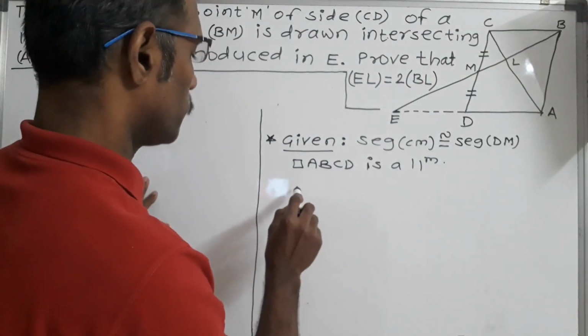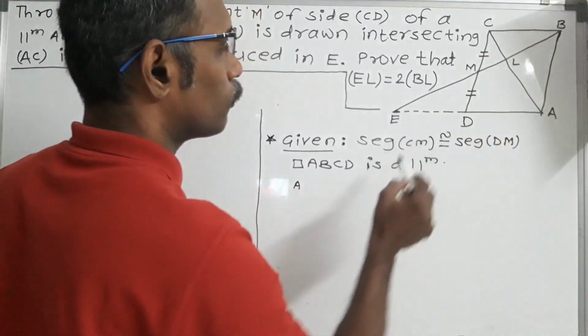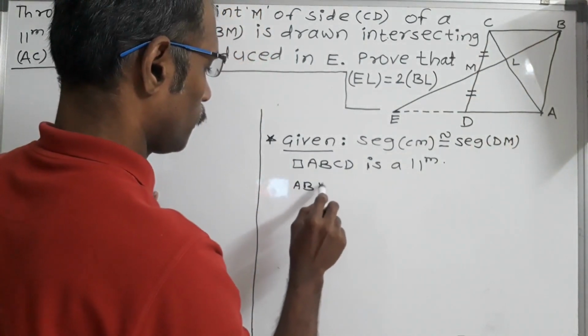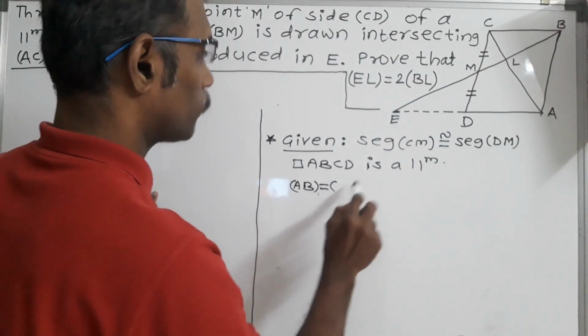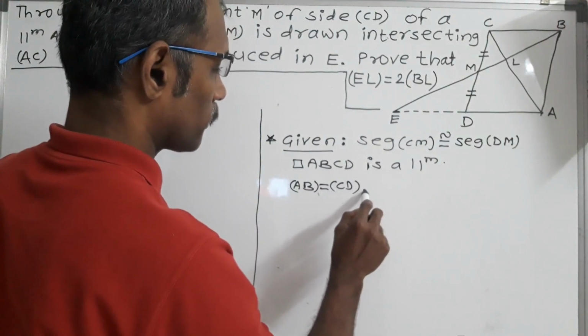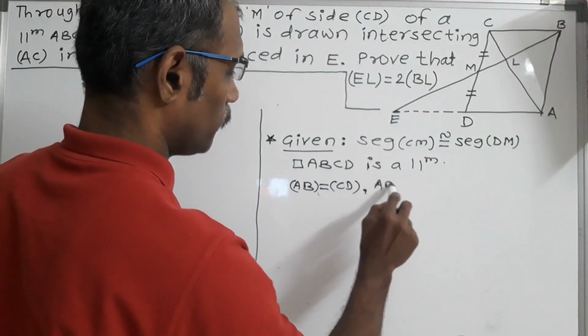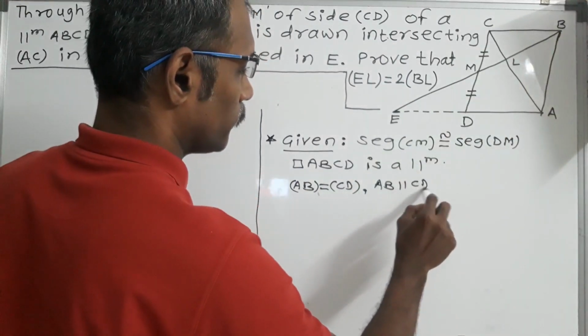Means AB is equal to CD, as well as AB parallel to CD.